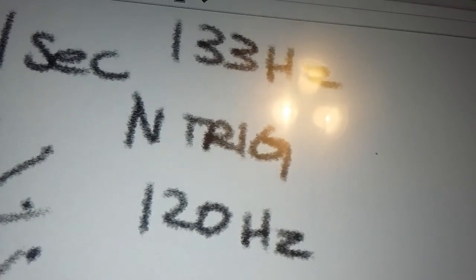Which means, because these things poll so much per second, you want to go fast. You want to draw a line fast. If you draw a line slow, it's wavy. If you draw it fast, straight. Fast, good. Slow, bad.